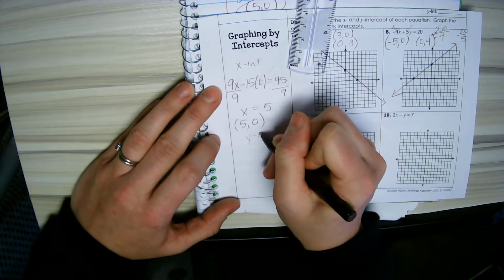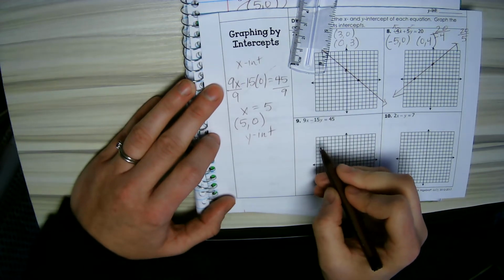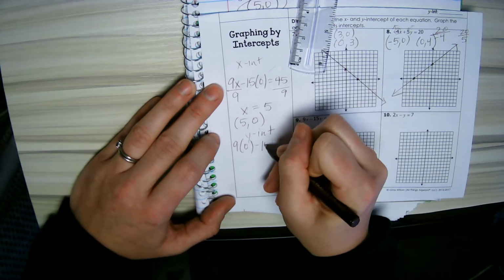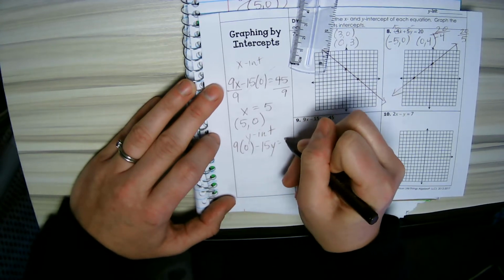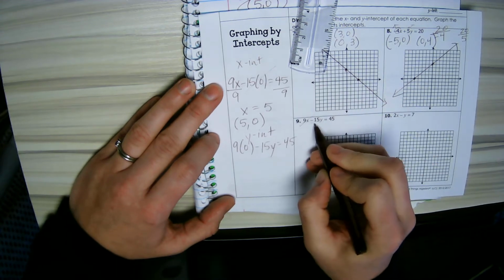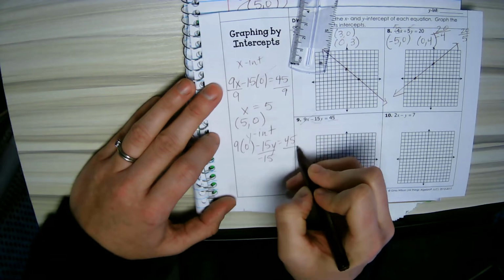And then when I'm solving for my y-intercept here for number 9, I have to set my x value to 0. So again, I was thinking, okay, that's gone. Now I have to divide both sides by that negative 15.